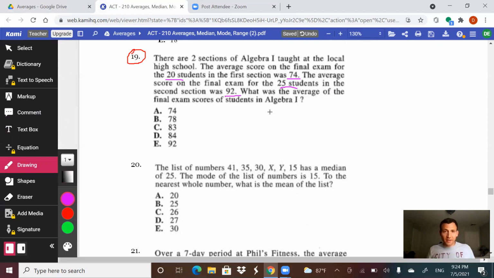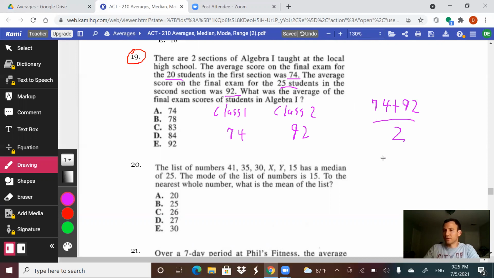So the mistake, if you're being kind of sloppy and lazy and not careful, is to say, well, you have class 1 and class 2. The average of class 1 is 74. The average of class 2 is 92. You say easy. The average for all students is just going to be the average of both classes, and divide that by 2.